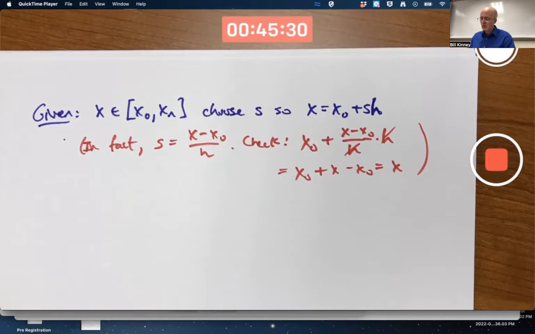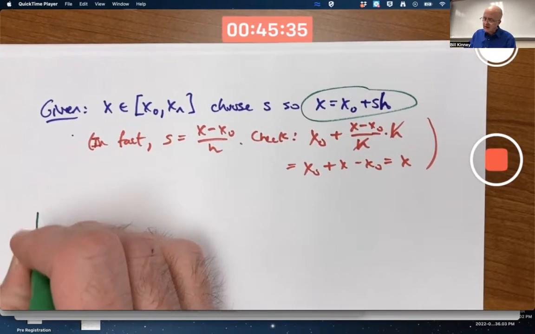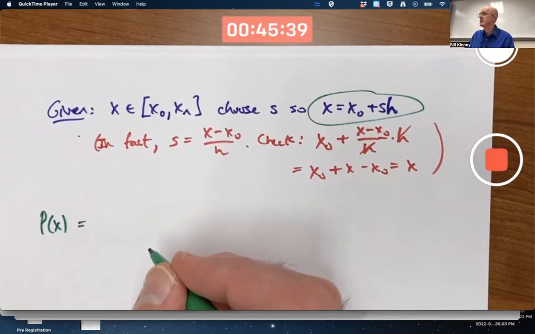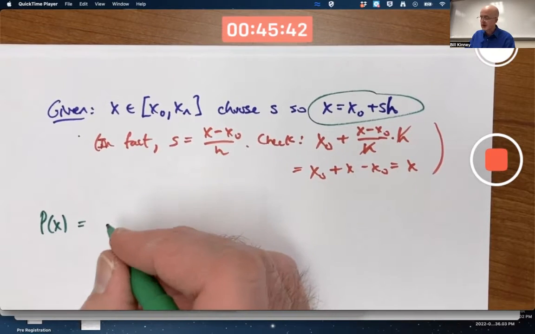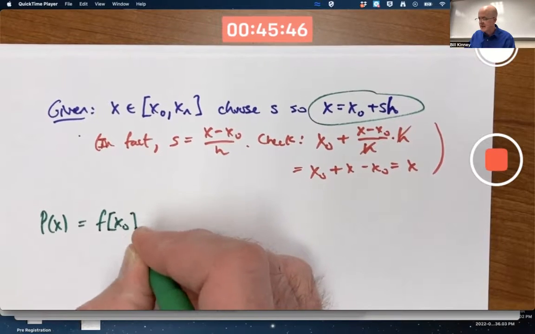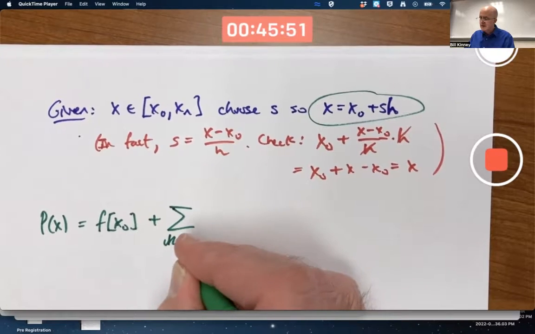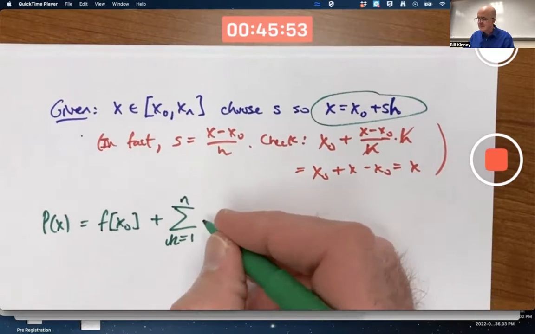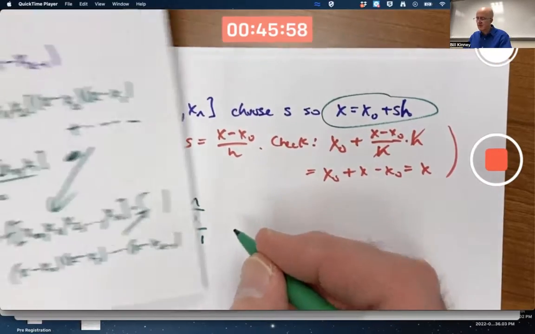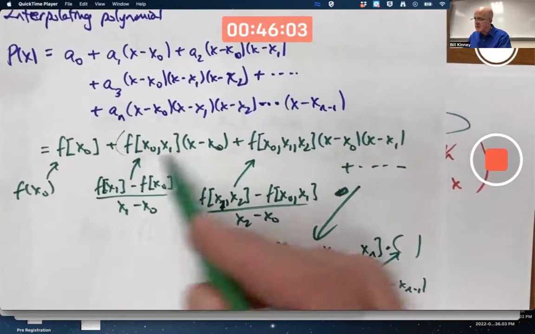If we write x in this way, we can rewrite the polynomial p of x. I'm going to go ahead and use summation notation now to save some time. As f of x0, the zeroth divided difference, plus a sum. k goes from 1 to n. What would it be here? Think about what we've done before, like when we're adding up these terms here.